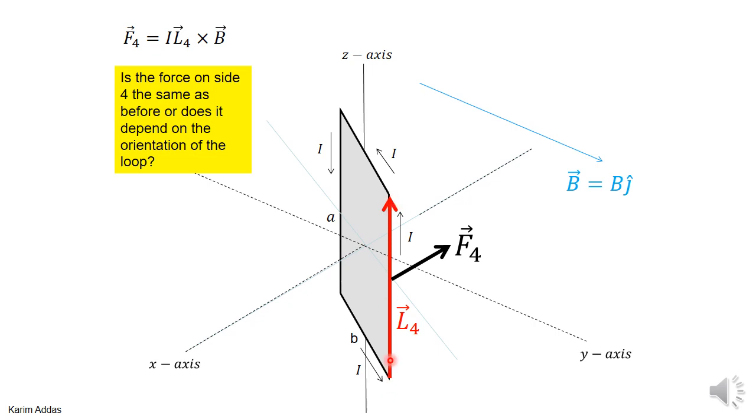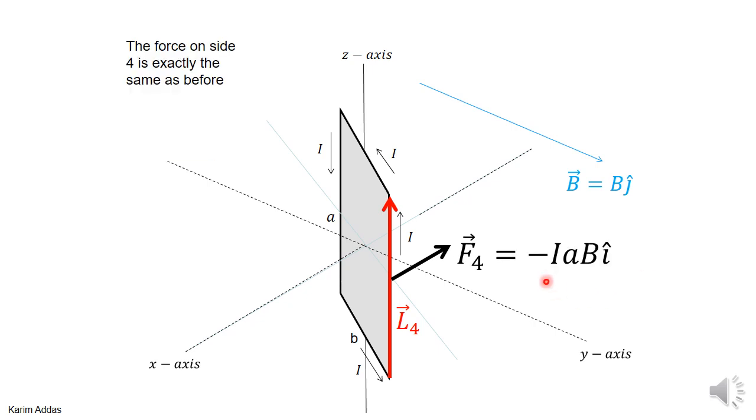No matter how the loop is oriented, this vector always points in the Z direction, and it has a length A. So it's the same vector always. And the magnetic field is always pointing in the J direction. So the force on side number 4 is exactly the same as it was before, and it has a value minus IAB in the I hat direction.